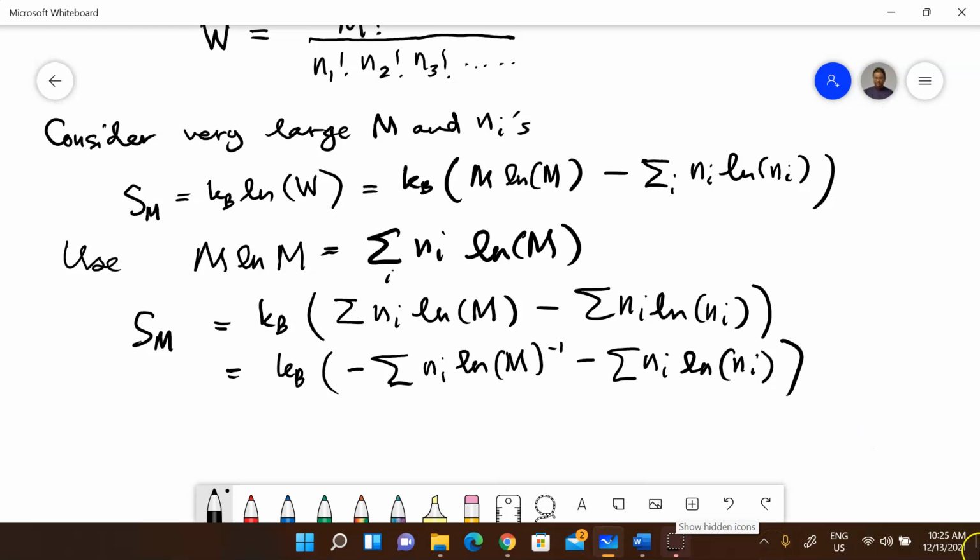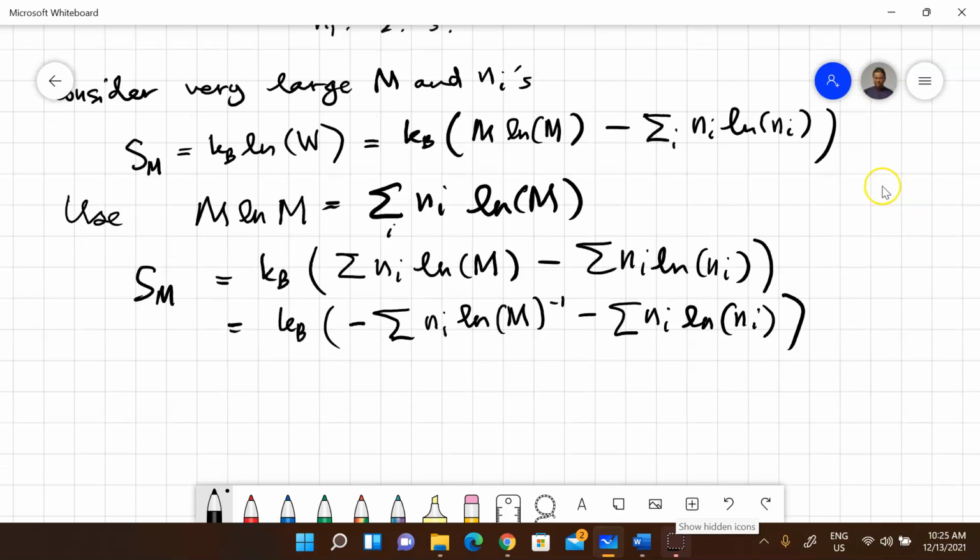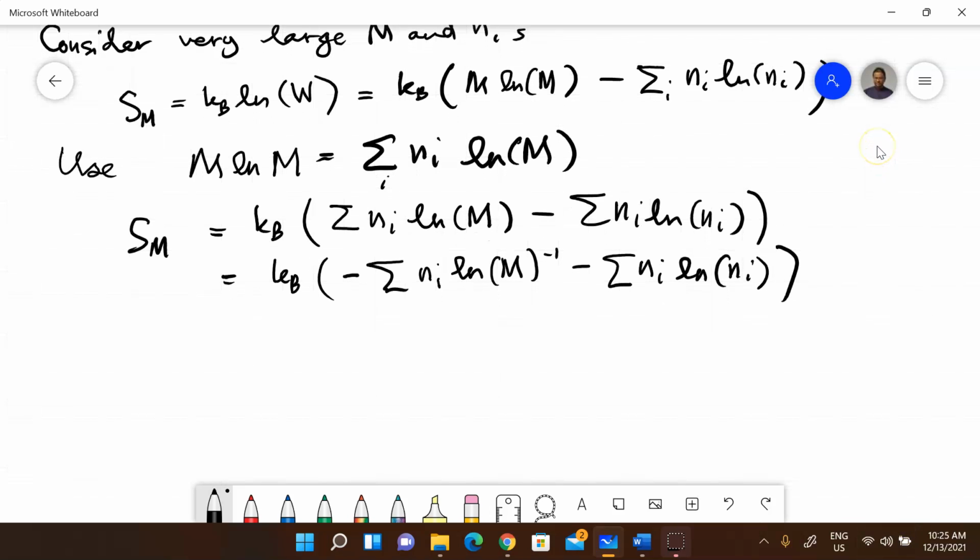Okay, that's halfway through. Then I will bring out a factor of m. So that gives me minus kB m from both terms.